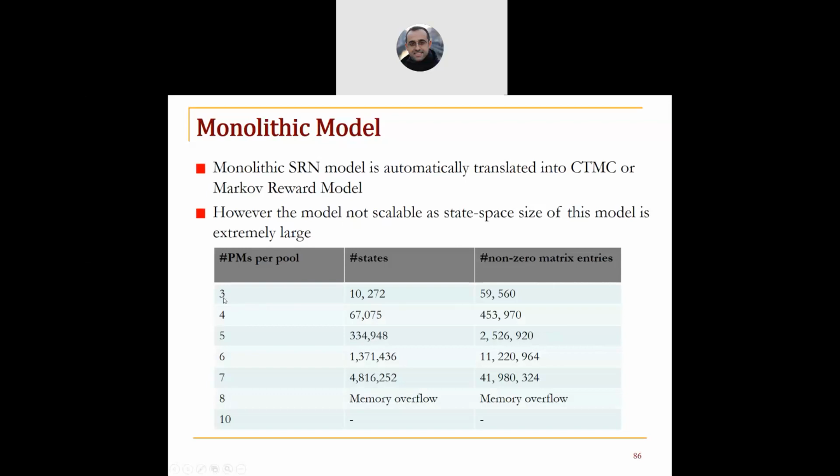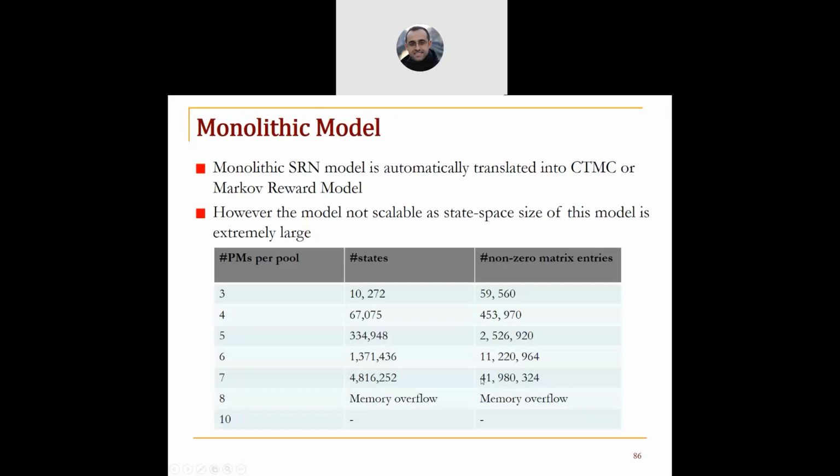So 3 machines in the hot pool, 3 machines in the warm pool, 3 machines in the cold pool. Then the underlying Markov chain has 10,000 some states, and the number of non-zero edges or arcs in the model are 59,000 something. If I go to 7, 7, 7, I have 4.8 million states and almost 42 million transitions in my Q matrix.